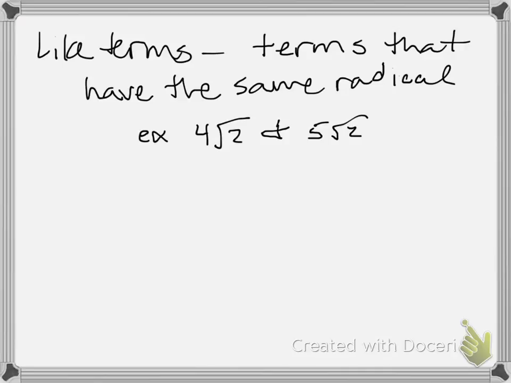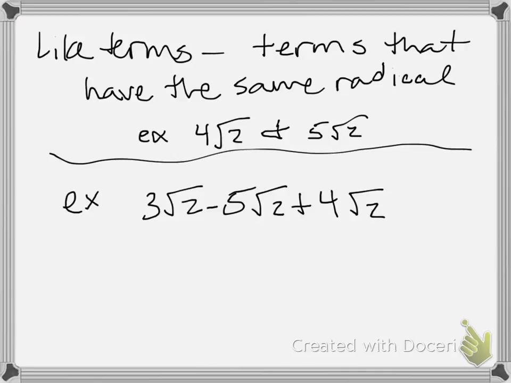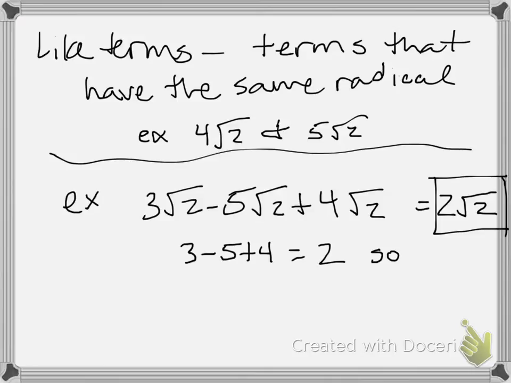So, let's try a problem that is operations with radicals. Let's take 3 square root of 2 minus 5 square root of 2 plus 4 square root of 2. Well, we combine this just like we did 3x minus 5x plus 4x. You do 3 minus 5 plus 4, which is 2, so your final answer is 2 times the square root of 2.